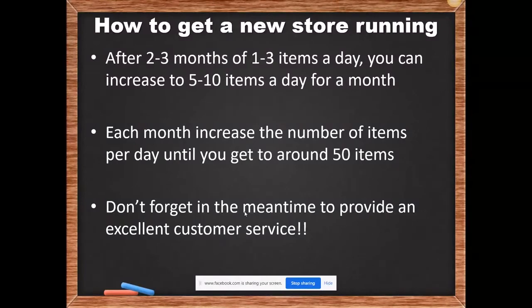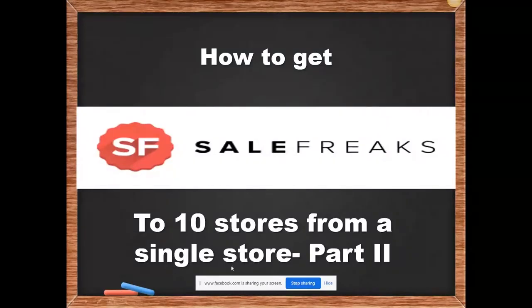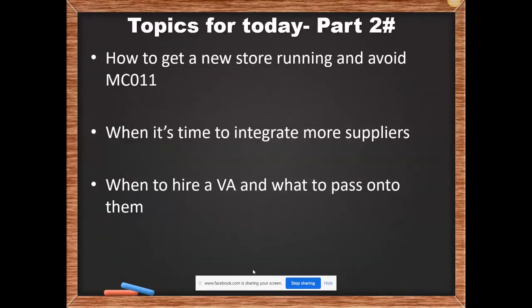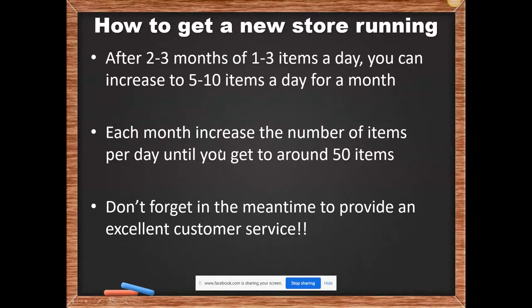That's why I mentioned, both in this video and the previous video, the answer to how to get to 10 stores from a single store. The answer is not what you maybe wanted to hear. The answer is take it very slow. If you take it too fast, you will get banned. You want to have a quiet head by the time you get to open your second, third, fourth store.